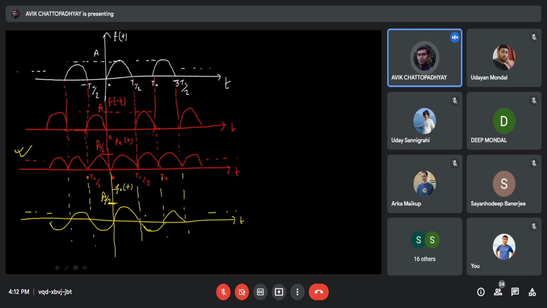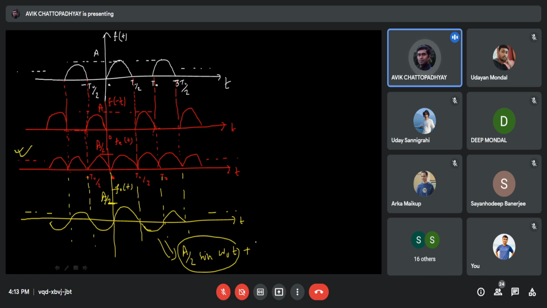So you got everything. How will you represent this? It is a sine function, and the fundamental period and the period of the signal are the same. The maximum value is A by 2. So it is actually A by 2 sine omega naught t, if omega naught is the fundamental frequency. And from this you get one component plus the DC term.